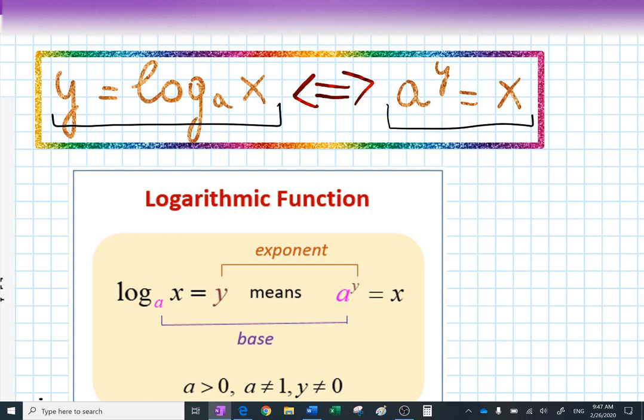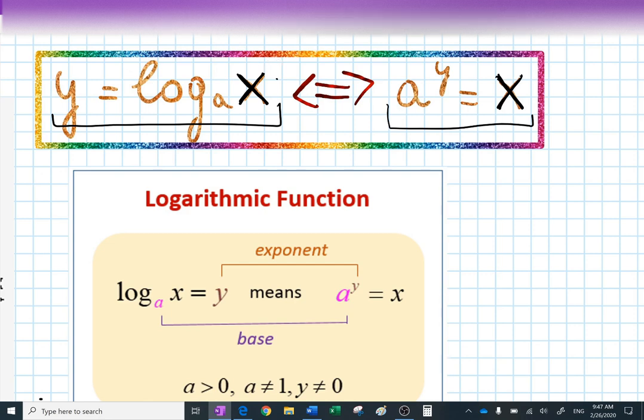Think about this. y equals log a of x. The inverse function asks you, I know y, but I want to find x. How to find x? How to undo the logarithm? You apply the exponential function, and x now is found. It's isolated. x equals a to the y.